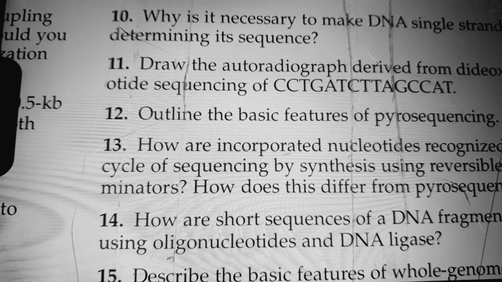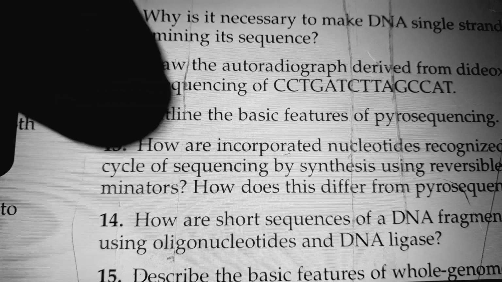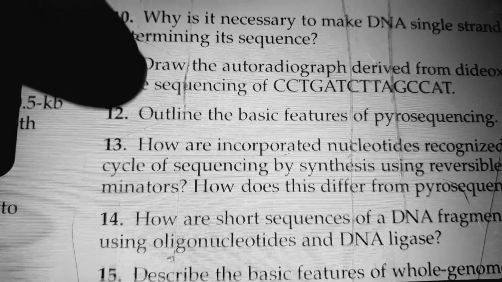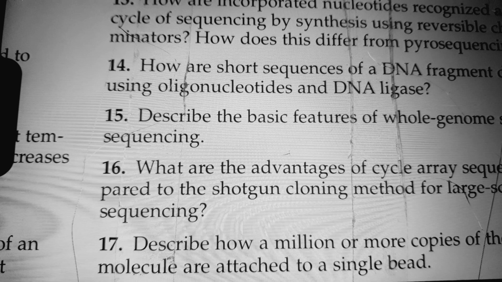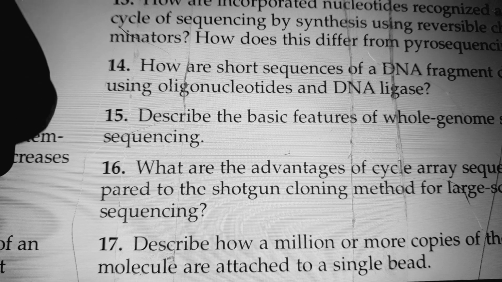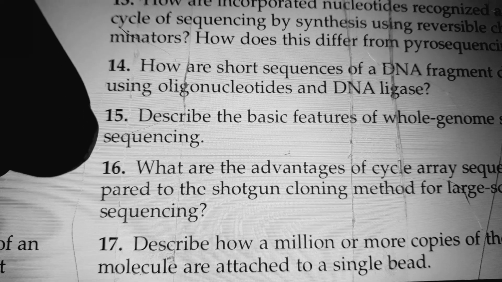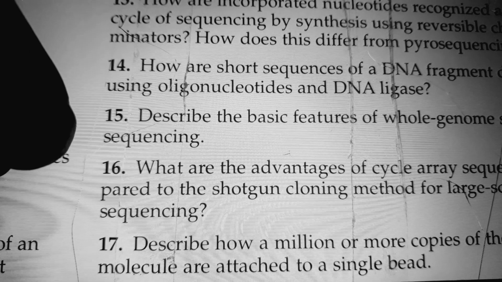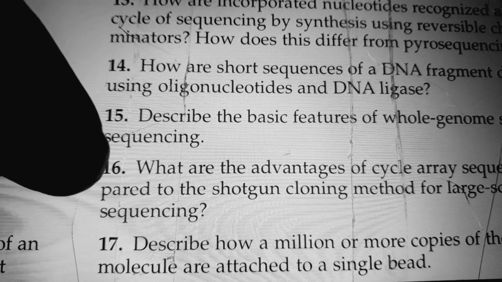Outline the basic features of pyrosequencing. How are incorporated nucleotides recognized after each cycle in sequencing by synthesis using reversible chain terminators? How does this differ from pyrosequencing? How are short sequences of a DNA fragment determined using oligonucleotides and DNA ligase?